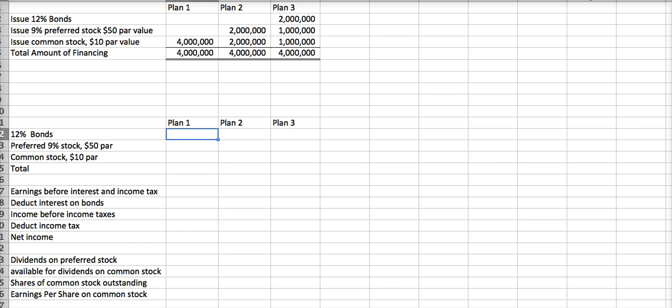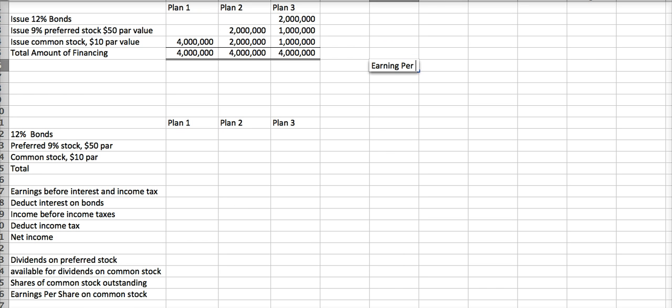All right, now, how do we tell if it's beneficial? There's lots of different things to look at. We could look at how much we're going to have to pay in interest. We could look at how much each common stockholder will earn per share. We could look at bottom line net income. But in this problem, we're going to be looking at earnings per share. So let's talk about what earnings per share is.